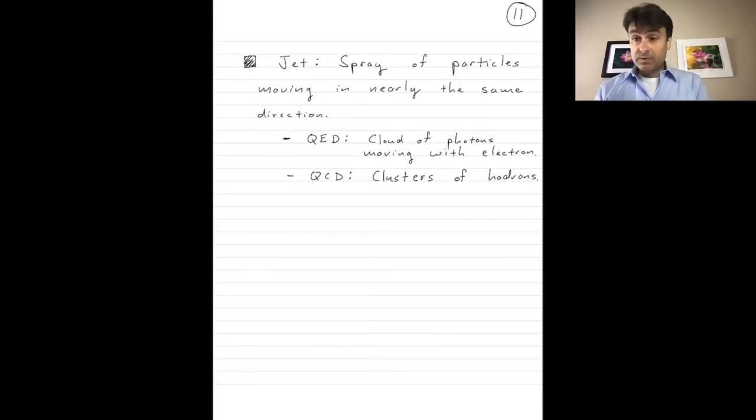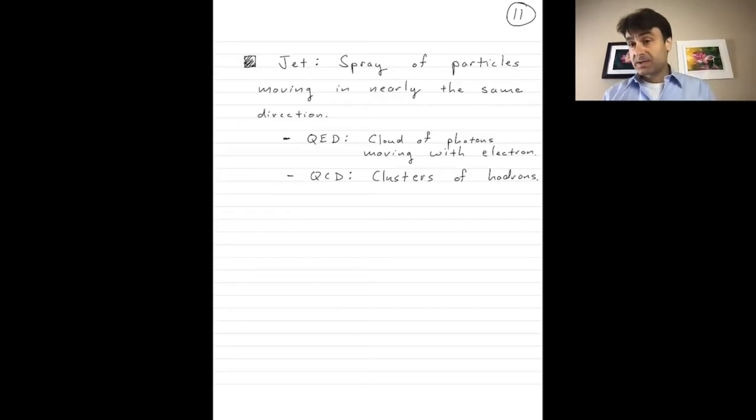But let me just say that you have jets in most of these theories, these gauge theories. So even in QED, if you scatter electrons and positrons and such, the electron isn't just going out by itself. You have to account for the fact that it'll generally have a cloud of nearly zero energy photons all swirling around it. In fact, in electromagnetism, you know that total cross-sections are infinite because the electromagnetic force is an infinite range force.